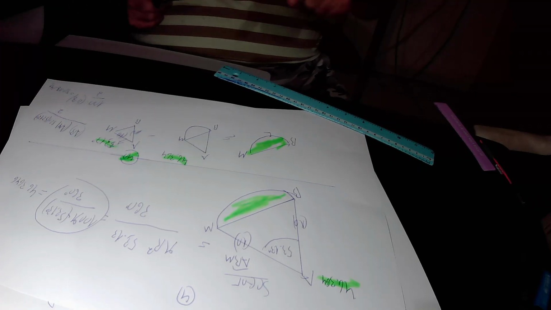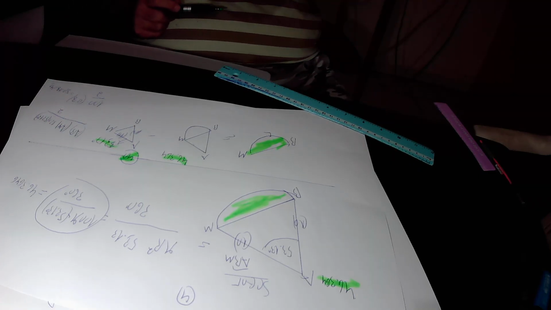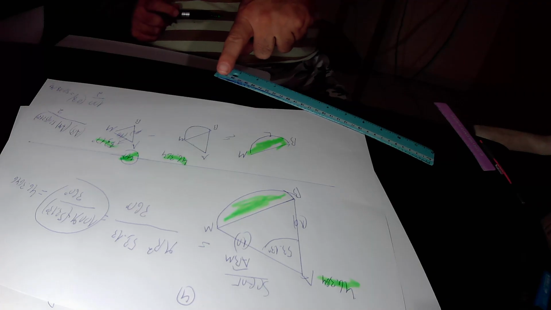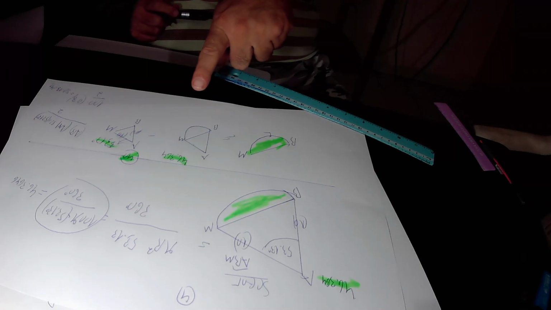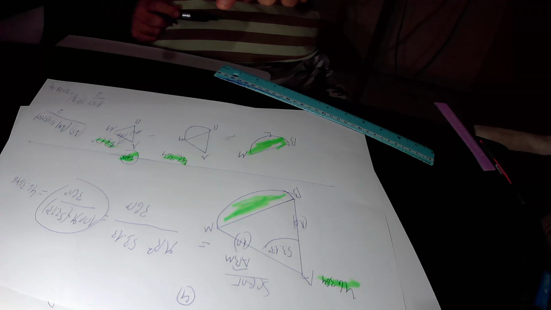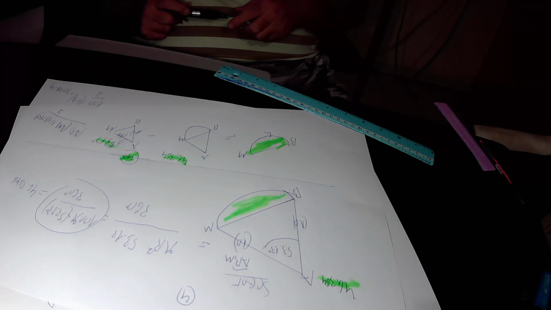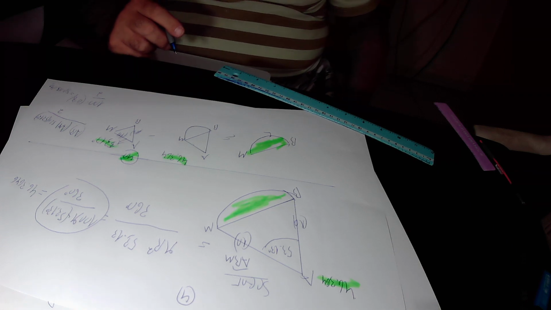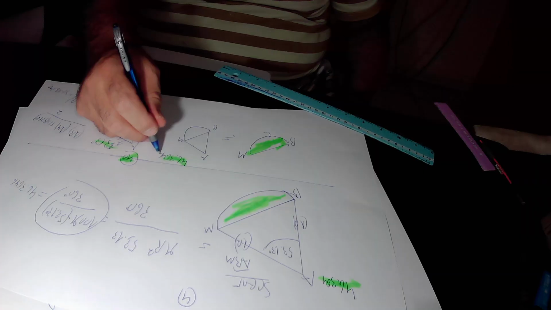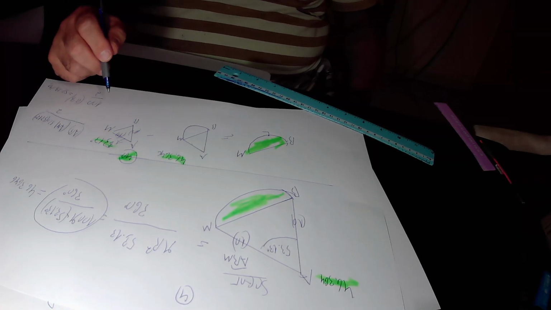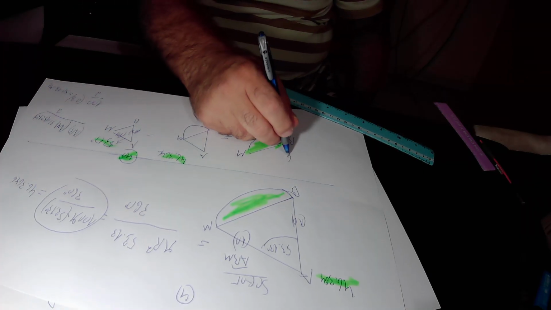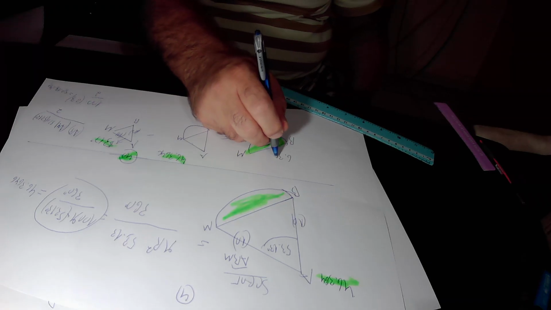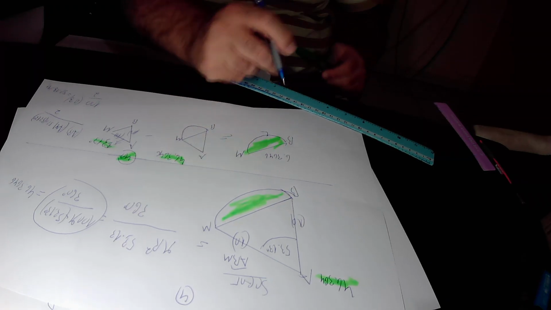So the area of the lower segment BLM equals the area of the sector ABM, that is 46.36 square units, minus the area of this triangle ABM, which equals 40 square units. 46.3646 minus 40 equals 6.3646 square units.